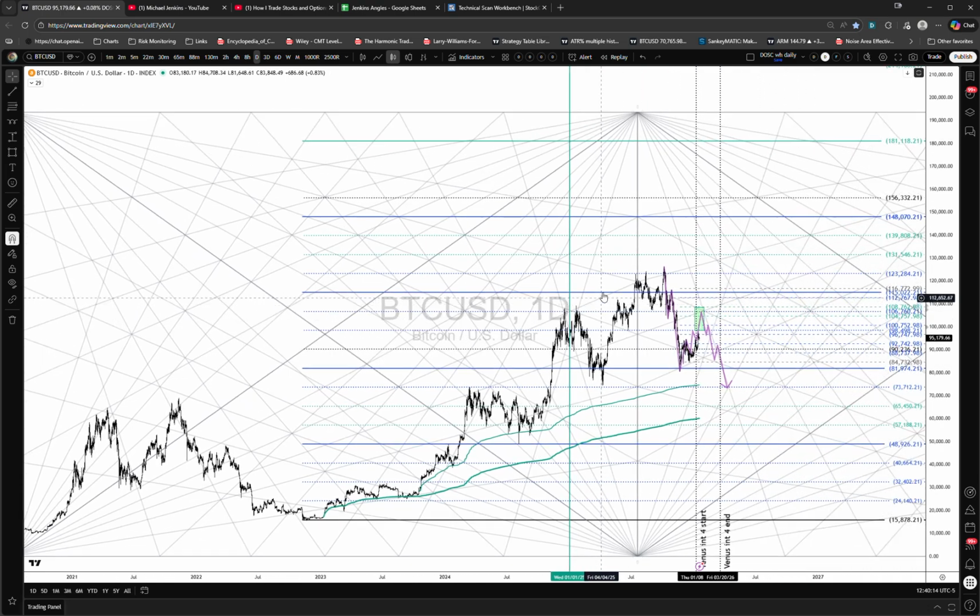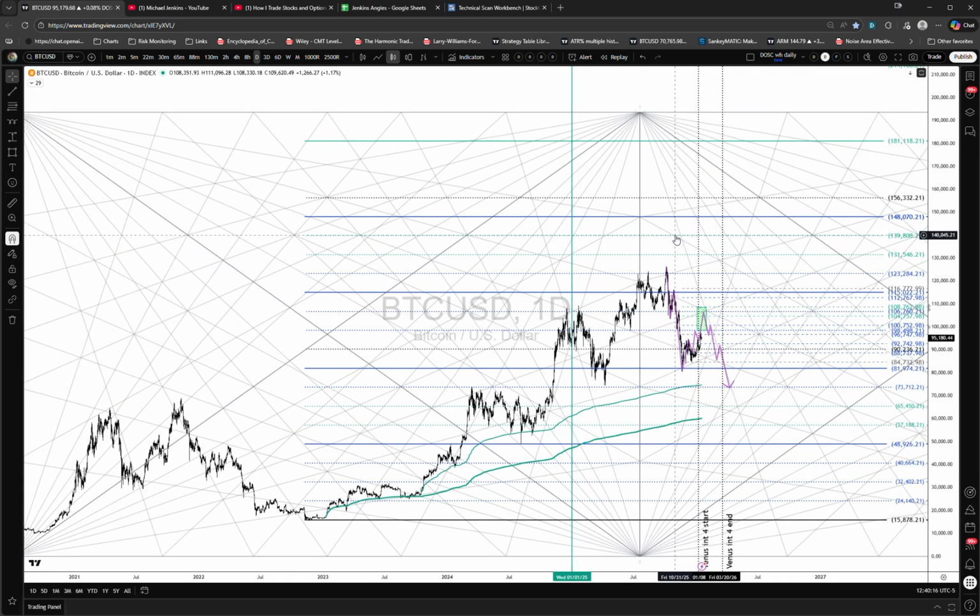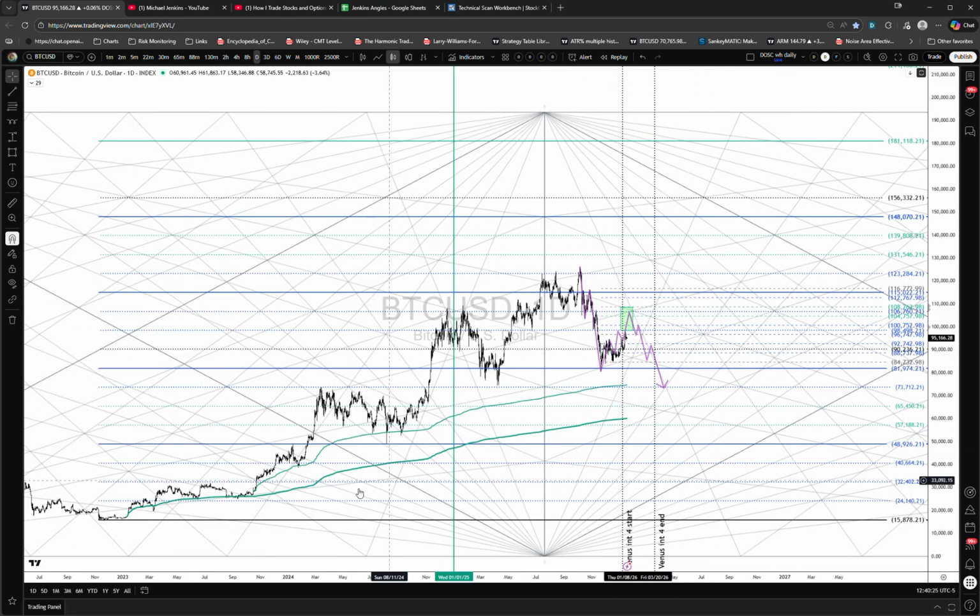But then I've also divided it into eighths, so we've got a kind of sub-harmonic level, and that seems to be where we see price find support and resistance pretty consistently for the last 3 years.